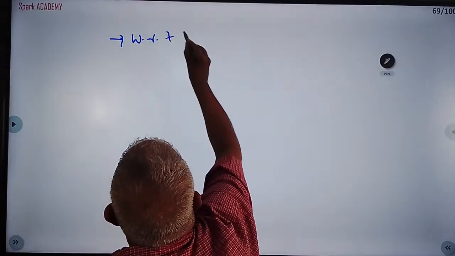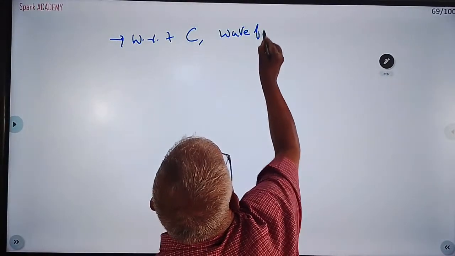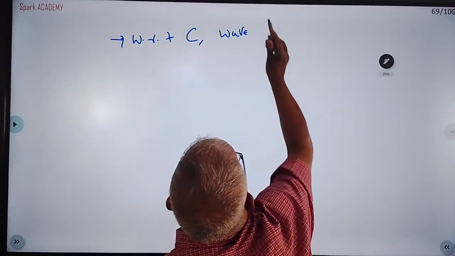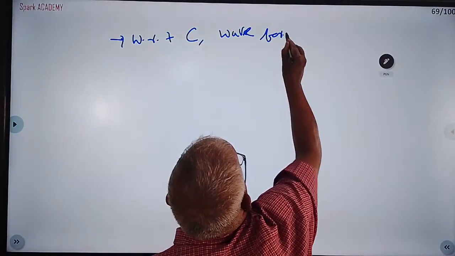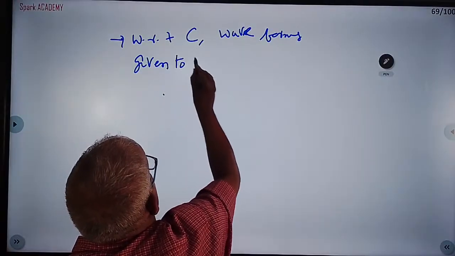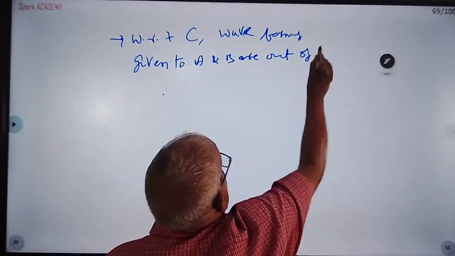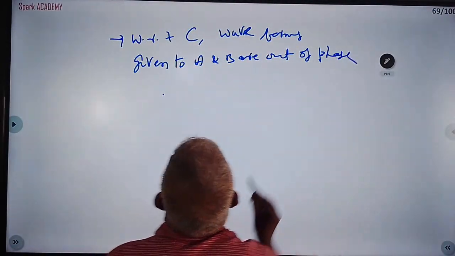With respect to center tap, the waveforms given to A and B are out of phase. Input waveforms are out of phase.